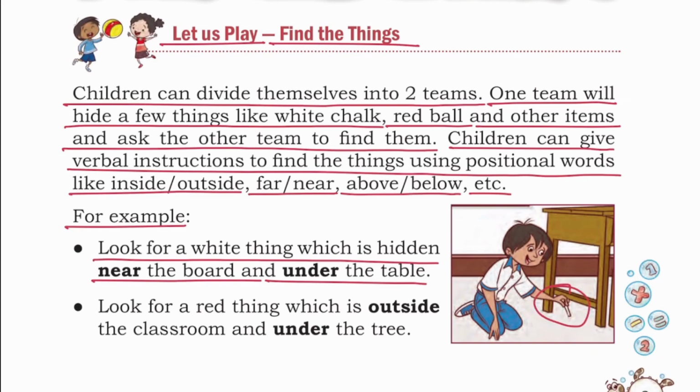You can see a white thing that is hidden near the board and under the table. This is chalk. Similarly, look for a red thing which is outside the classroom and under the tree.